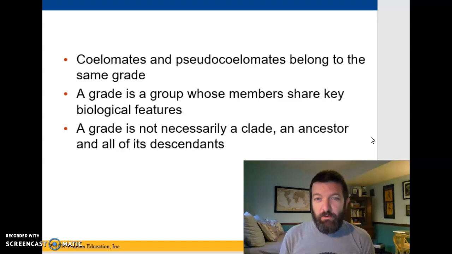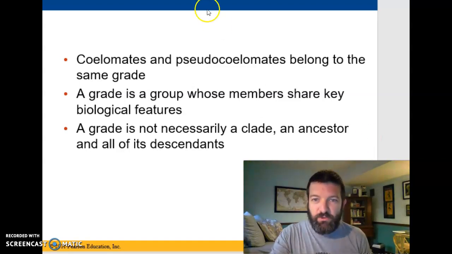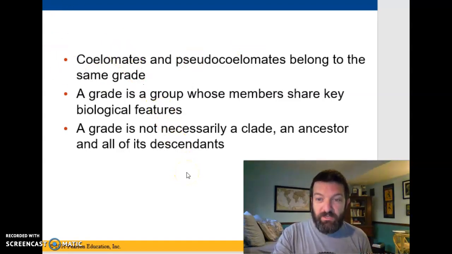While it was thought initially that coelomates must all be related and pseudocoelomates must all be related, now with genetic and molecular techniques, it's becoming clear that these are not true clades, right? So they don't include the common ancestor and all of the descendants. Some of these things have evolved multiple times or have been lost across time.